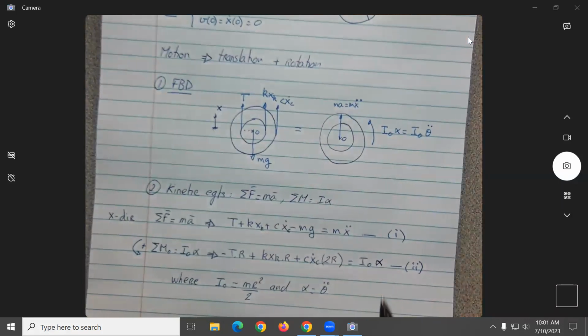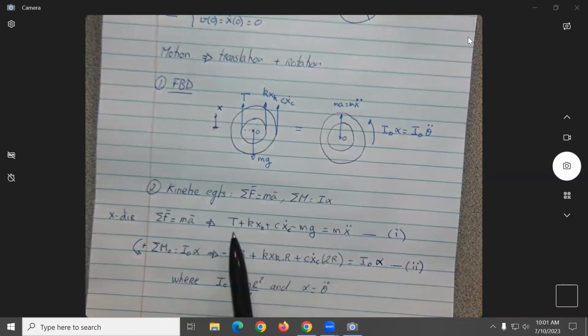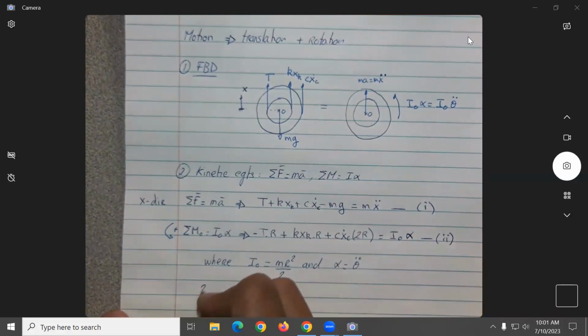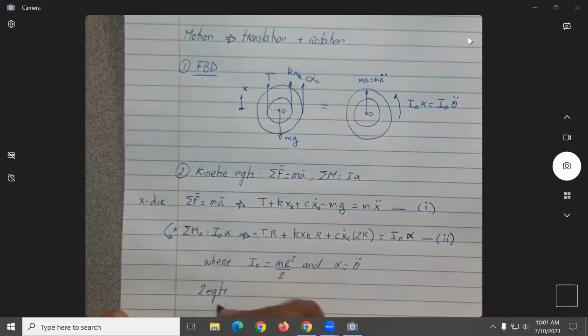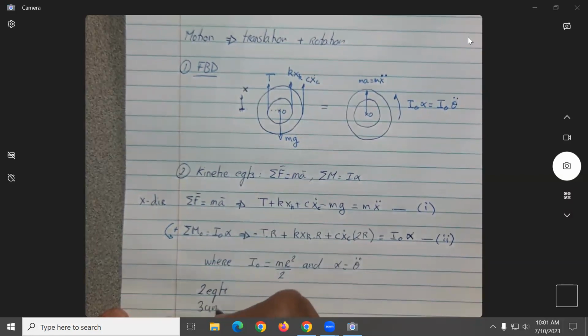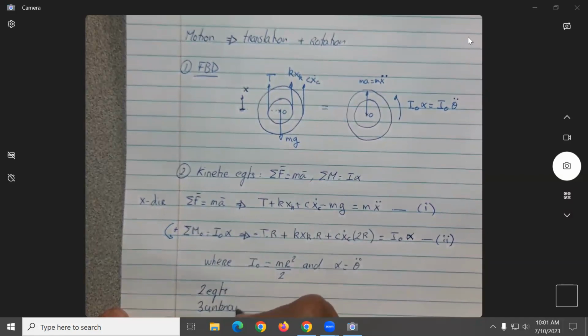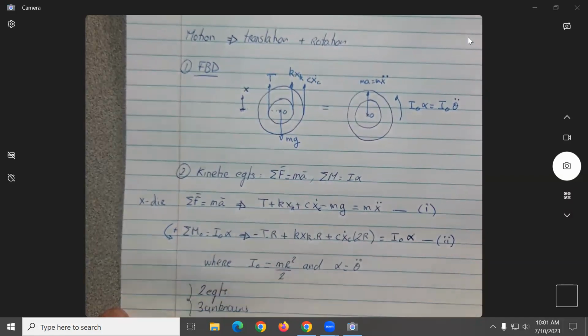So obviously here we have two equations. How many unknowns do we have? We have T, we have X sub K, X sub C, and alpha. We have like 4 unknowns, no? So we need to find additional equations.